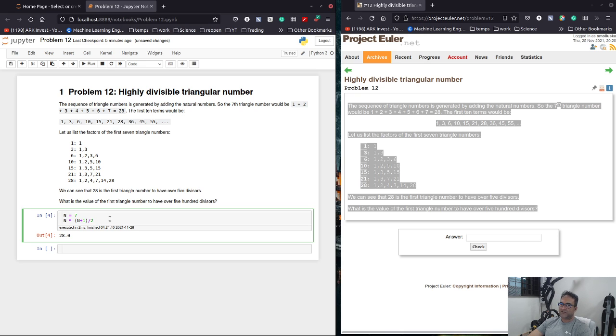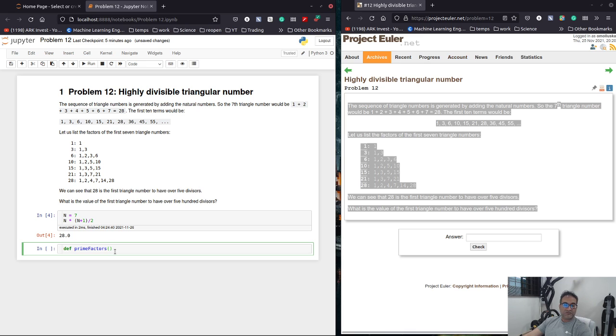Let's write a function that finds the prime factors. Over 500 divisors. Okay, before we find the prime factors, we need a list of primes.